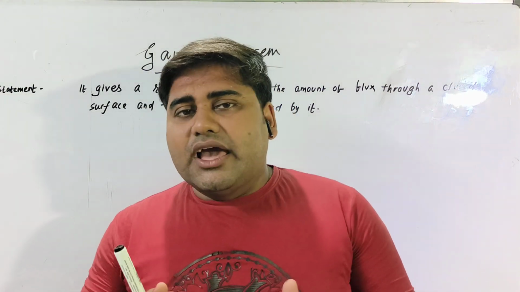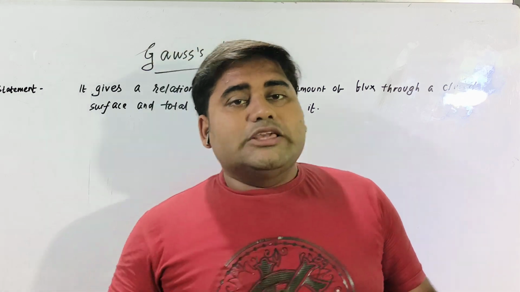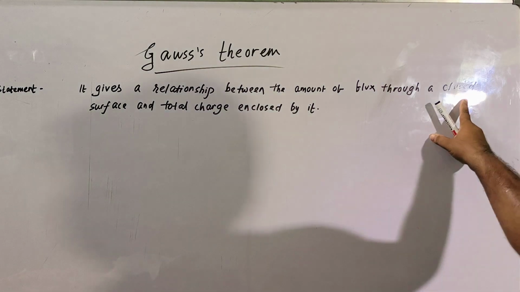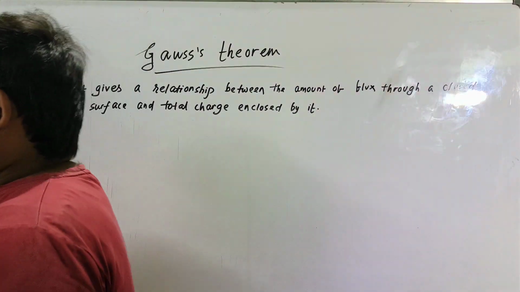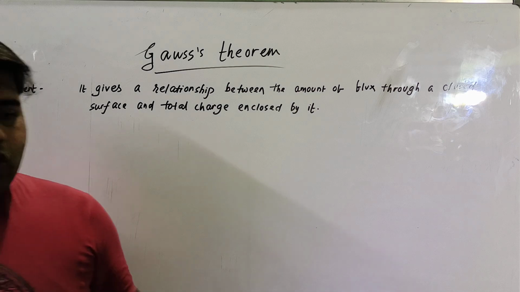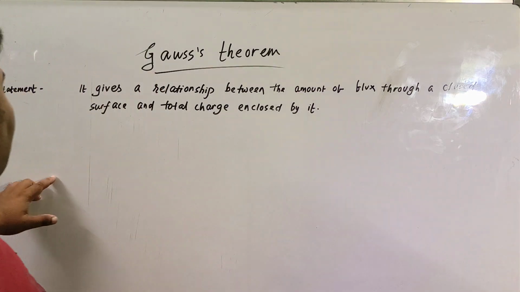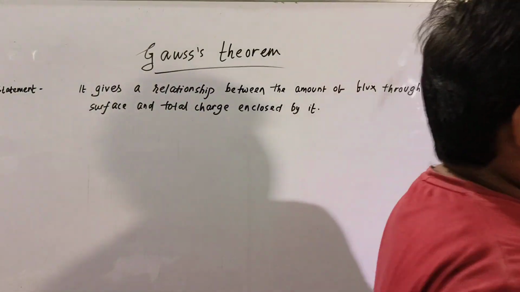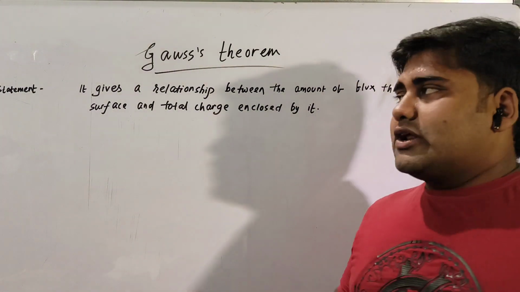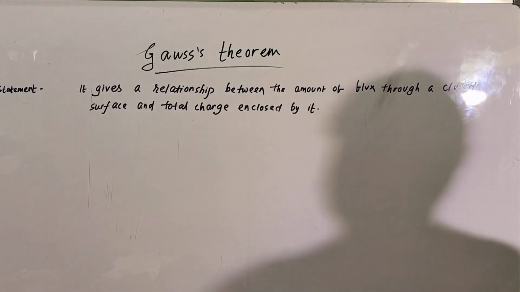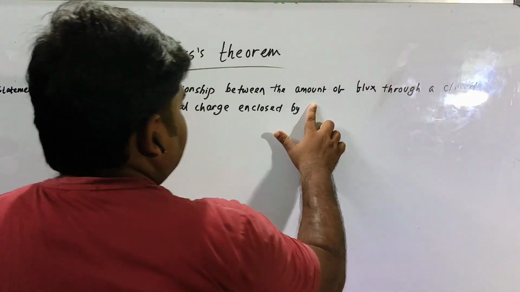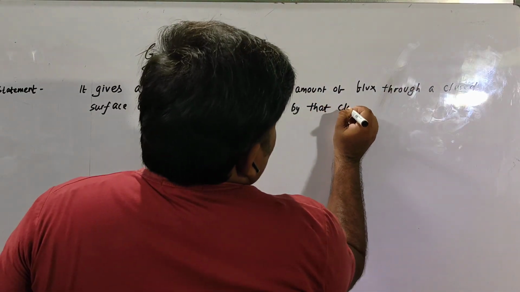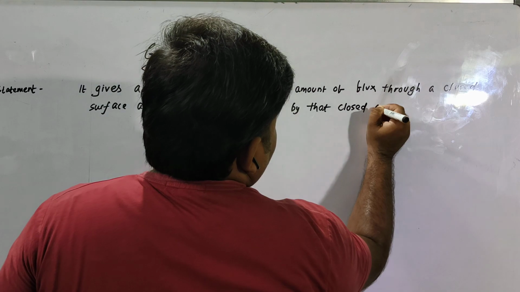So when you are writing Gauss's law or Gauss's theorem, make sure that you mention this closed surface. The surface should be closed. This is the required condition to apply Gauss's law or Gauss's theorem. So the statement gives a relation between the amount of flux going through a closed surface and the total amount of charge enclosed by that closed surface.